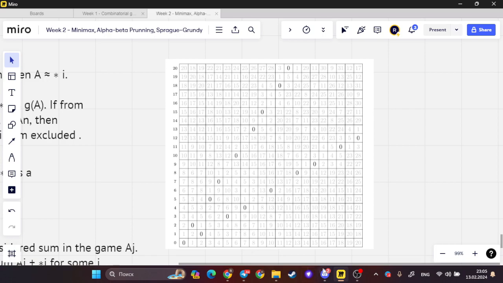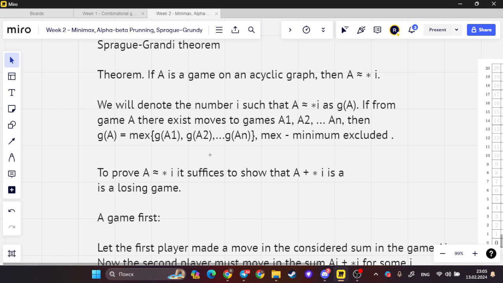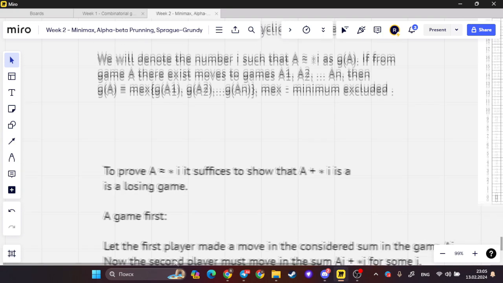And what is the minimum excluded? If we take some numbers A1, A2 and so on, the minimum excluded of the set of numbers is the smallest non-negative number not in the set.